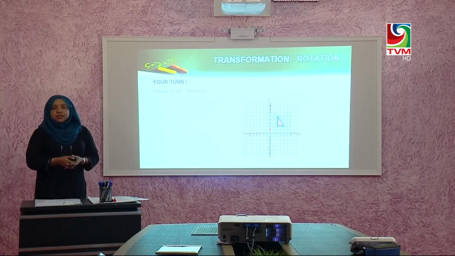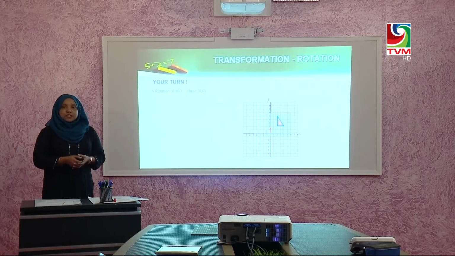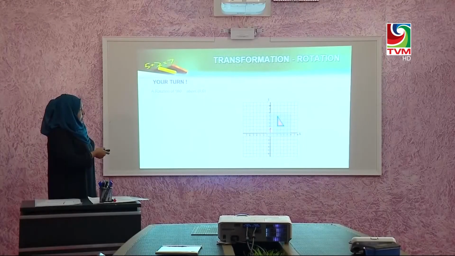As you know that a complete turn is 360 degrees, 180 is a half turn. So whichever direction you rotate it, the image will end up in the same position. Okay, now I am going to rotate this tracing paper anti-clockwise.